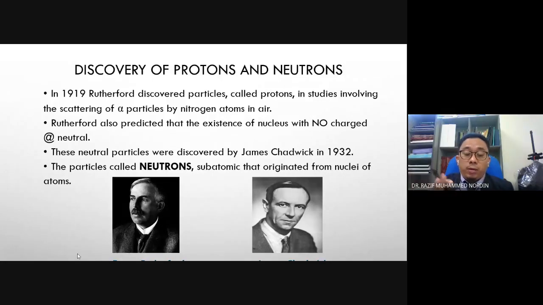Yang tadi yang awal-awal slide kita tu, yang berkaitan dengan proton, elektron, neutron, dia punya charge tu, inilah yang discover dia. These neutral particles are discovered by James Chadwick in 1932. James Chadwick tu.